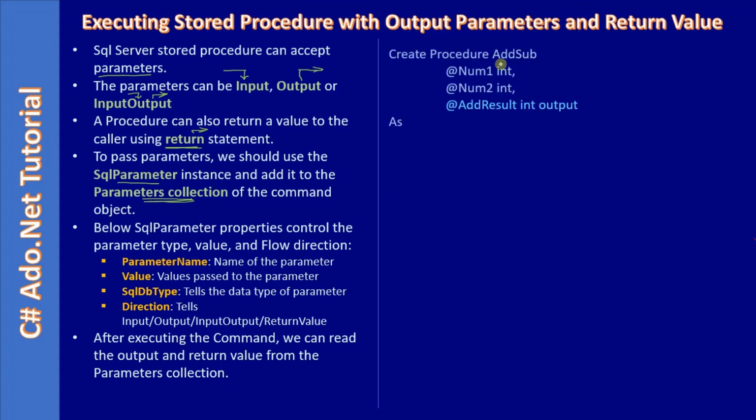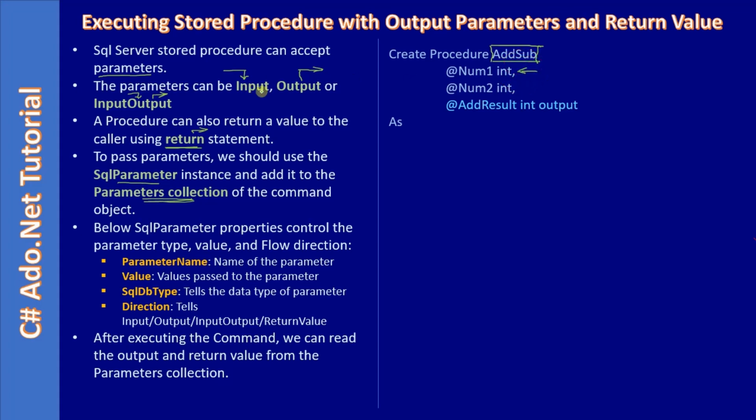Here you are seeing a sample stored procedure to explore how the output as well as return value work. We create a procedure and call it addsub. There are two parameters, number 1 and number 2. The data type is integer and these are input parameters.